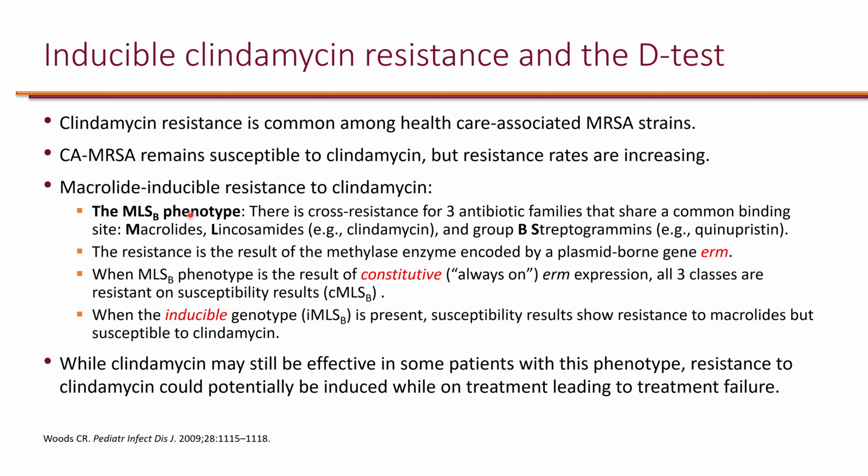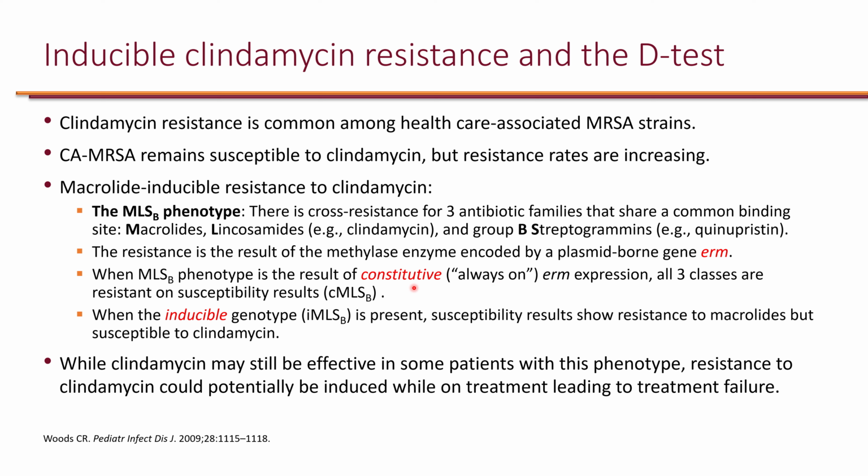And what that means is that the resistance is the result of an enzyme. So it's a methylase enzyme that's encoded by a plasmid-borne gene called erm. And so this gene needs to be active to produce this enzyme, which will break down all three of these classes, right? So, this gene could just be always on.